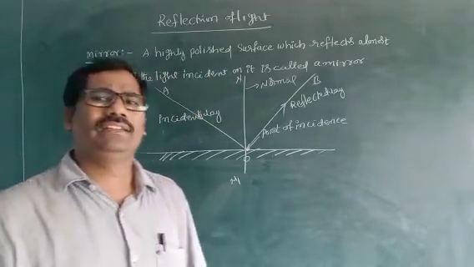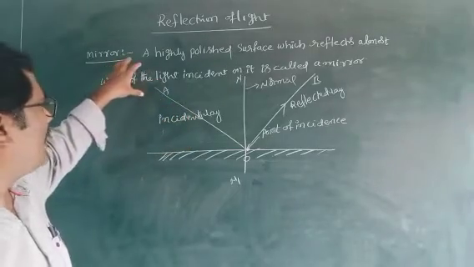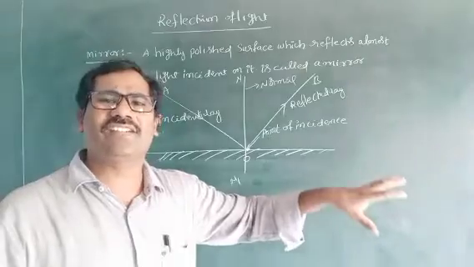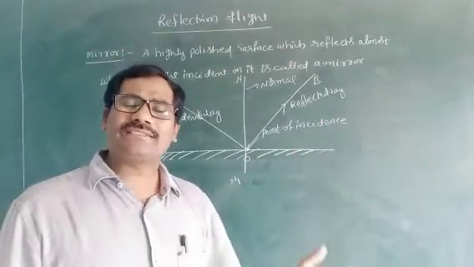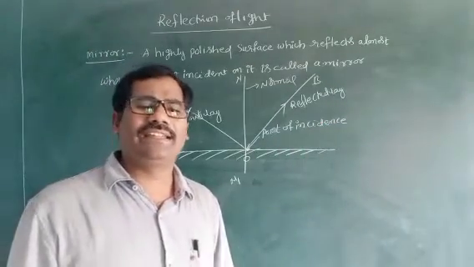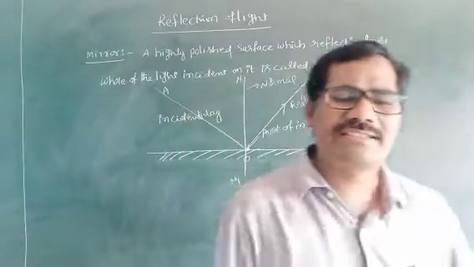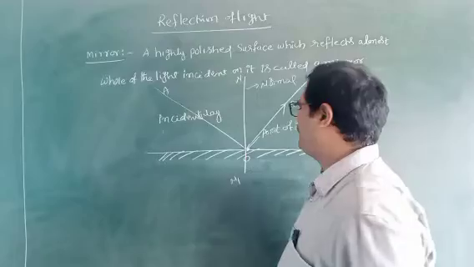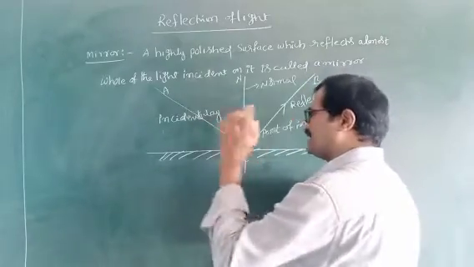A highly polished surface which reflects almost all the incident light is known as a mirror. Next, the incident ray means the light ray striking the reflecting surface at the point of incidence.